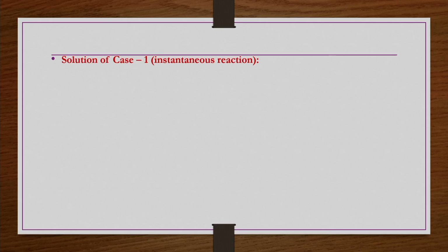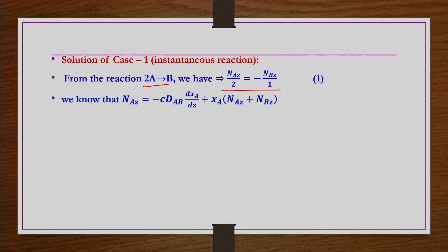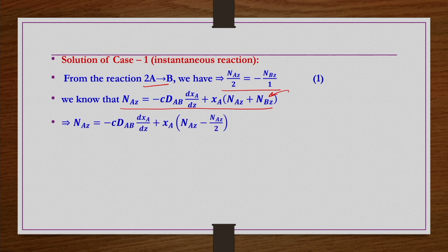In case 1, the instantaneous reaction, from the reaction 2A tends to B, the stoichiometry of the reaction gives NaZ by 2 equals minus NbZ by 1, that means NbZ equals minus 1 by 2 NaZ. So, in the combined flux, in place of NbZ we can write minus 1 by 2 NaZ like this.